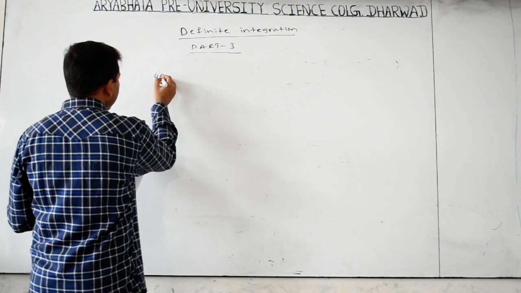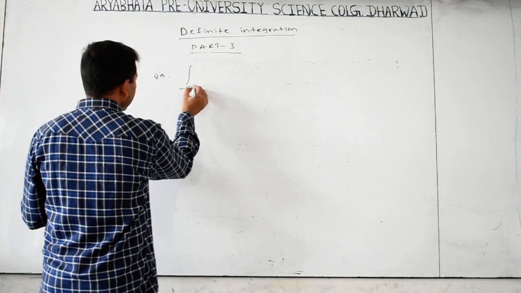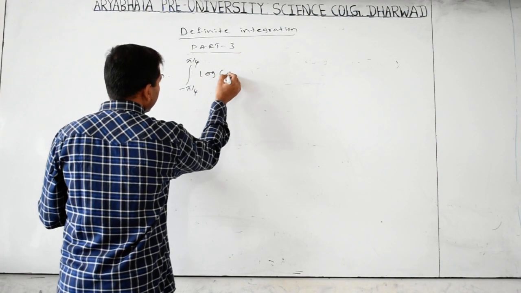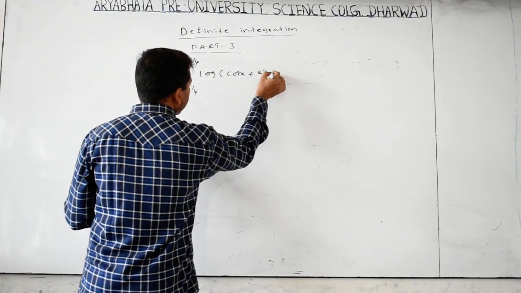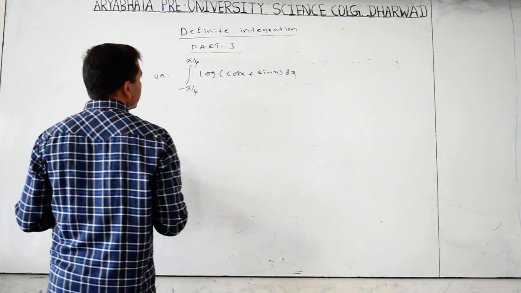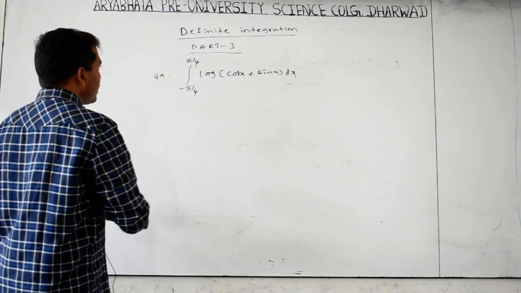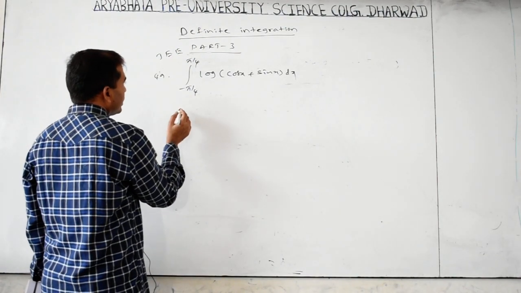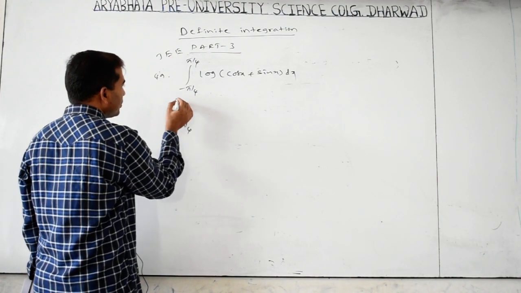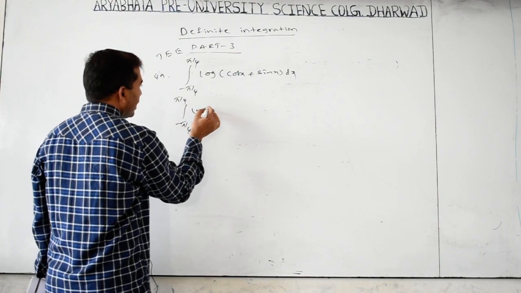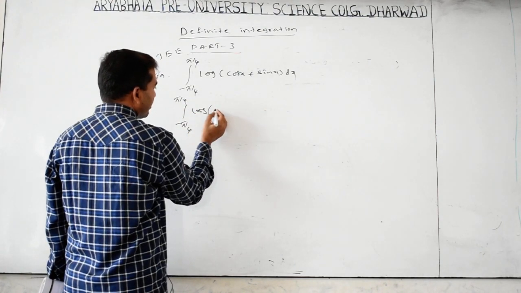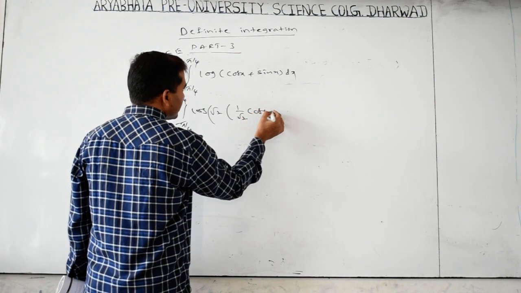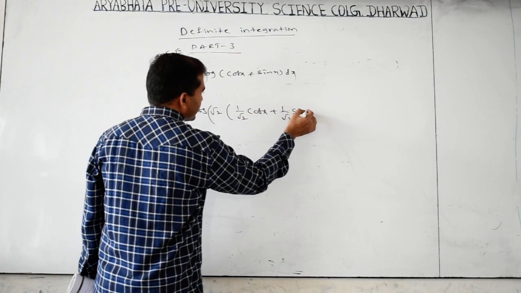Next, question number 49, integration from minus pi by 4 to plus pi by 4 of log of cos x plus sin x dx. This is a JEE question. So minus pi by 4 to plus pi by 4 of log of, can I multiply like this, root 2 into 1 by root 2 cos x plus 1 by root 2 sin x.